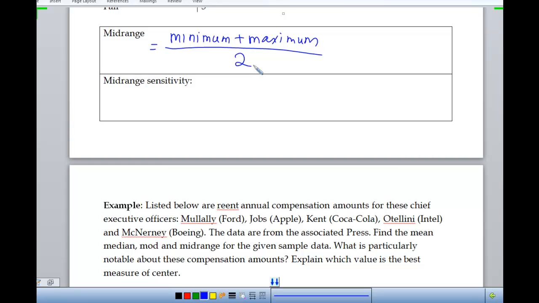All right. What problems would we have with the mid-range? Okay, it doesn't include all the values. Very good. And what else? That's right. That's all it looks at is the extremes. If we have outliers, then it's going to really be out of whack. Okay, so the mid-range is very sensitive to outliers.